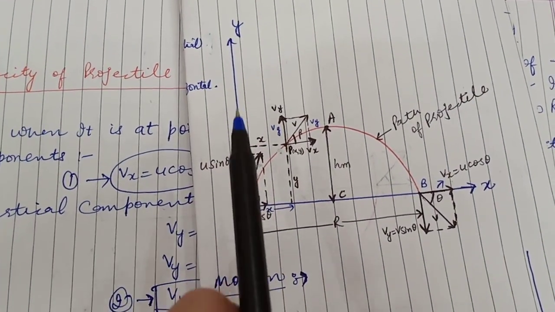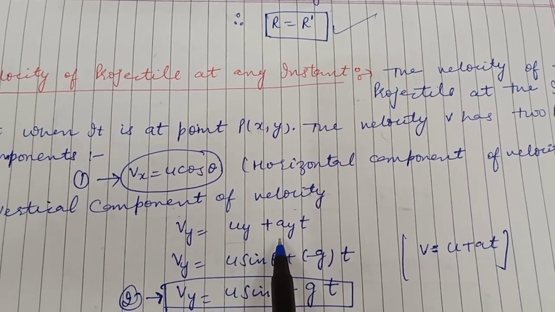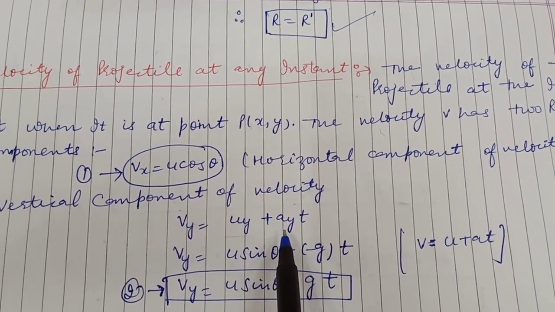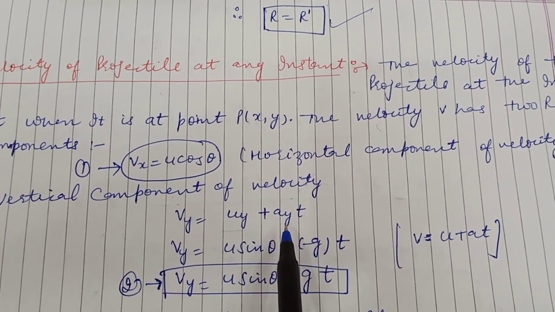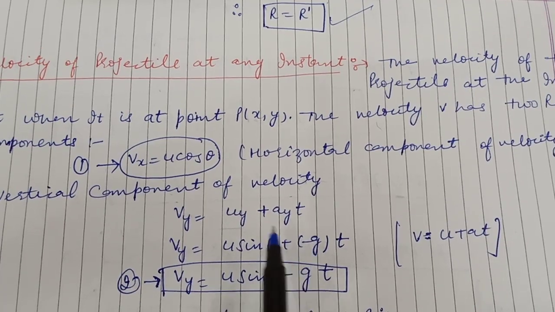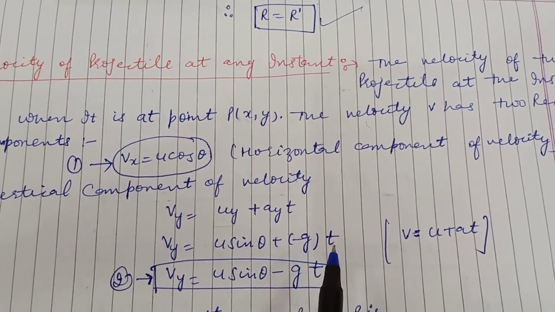So the initial vertical component of velocity is u sin theta, and ay represents the vertical component of the acceleration, and we know the vertical component of acceleration is minus g. So Vy is equal to u sin theta plus minus g into t.